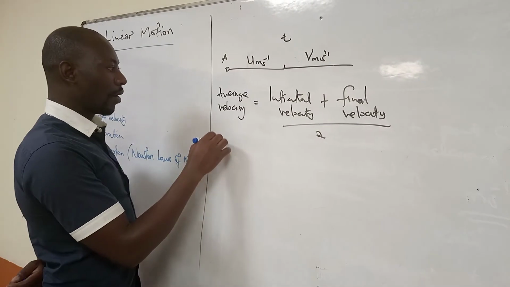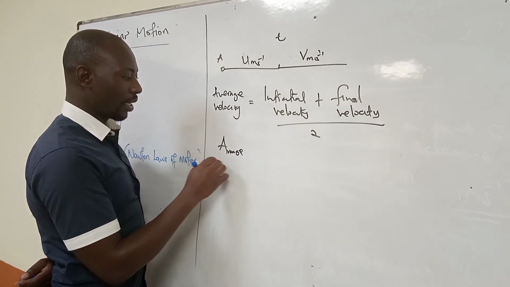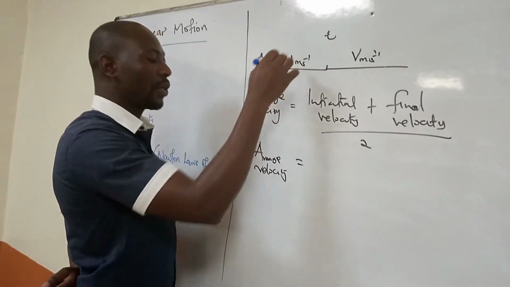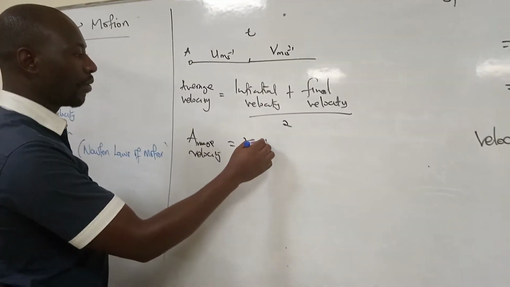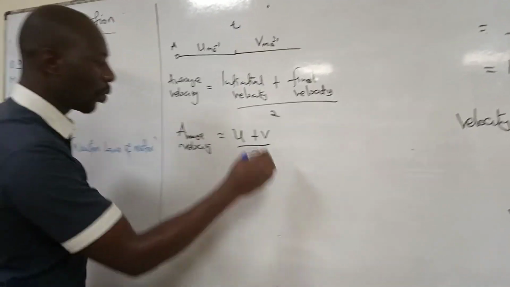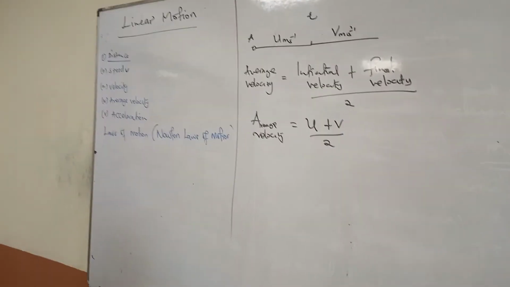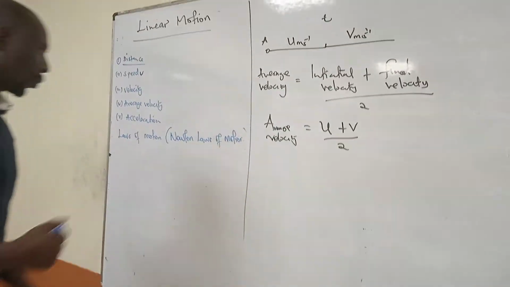So we can write average velocity as equal to initial velocity, which we've denoted with u, plus final velocity, which we've denoted with v, over 2. That gives us what we call the average velocity. You sum the velocities of the body moving, then you divide by 2.